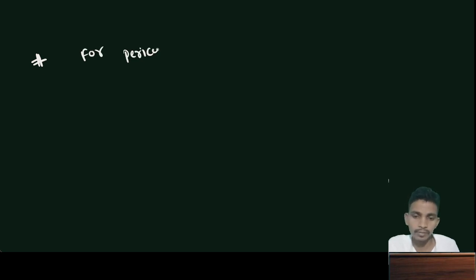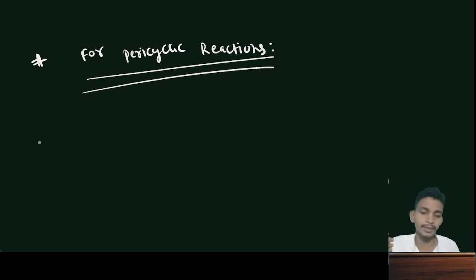So we will look at what things we will study in pericyclic reactions. Various types of pericyclic reactions are there. The first type we will go to is electrocyclic reactions.